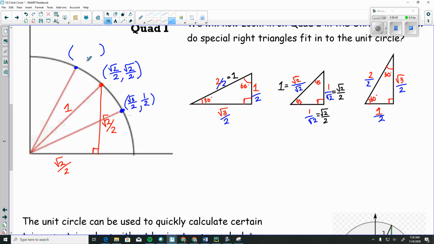What will this coordinate point be? Well, it should be 1/2, because that's in the x direction, 1/2, comma, root 3 divided by 2. Okay, so now we get those 3 coordinate points that are in the middle of our unit circle.